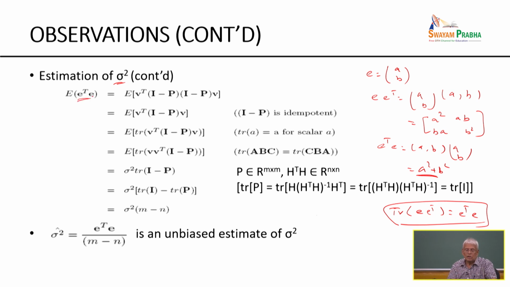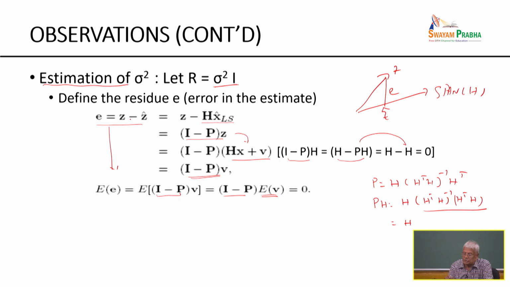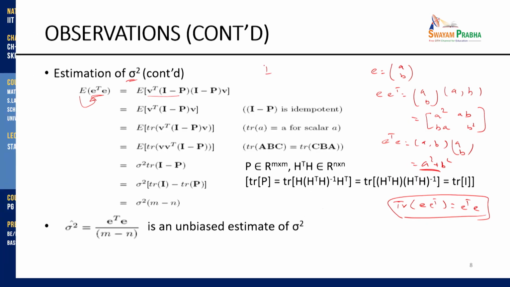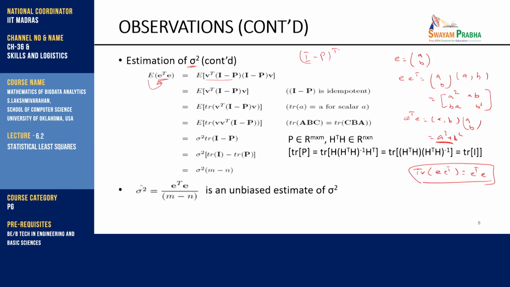E is random, so I am going to compute the expected value of this random quantity. We already know E is equal to I minus P times V. So substituting that, this is V transpose I minus P transpose. Now please remember, I minus P transpose is equal to I transpose minus P transpose.